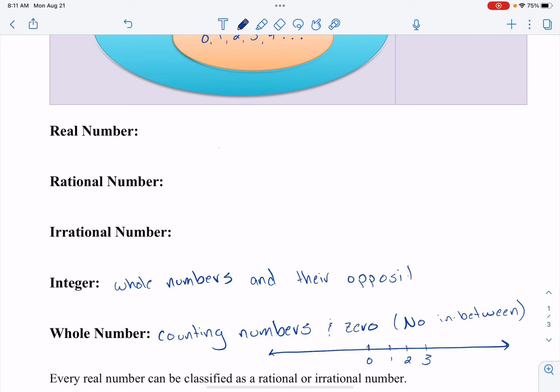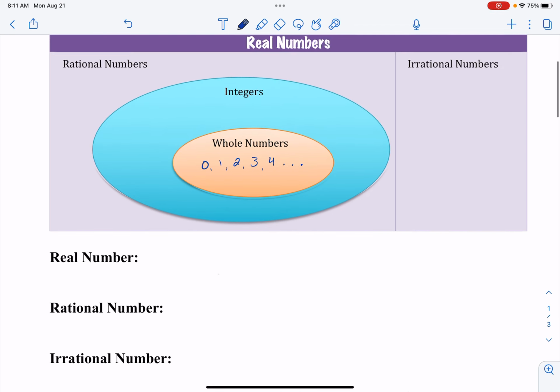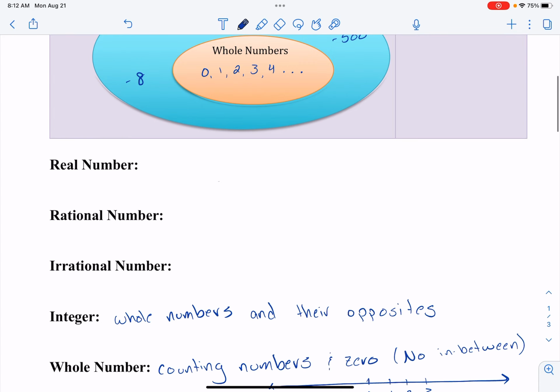Okay, so 1 is in the integer group, hence why this whole number bubble is inside the integer bubble, but also -1. -1 is an integer, but not a whole number, because it's the opposite. Also -2, -500, -8, okay? So we have all our whole numbers, and then the integers include all those negatives. So integers have those negative numbers.